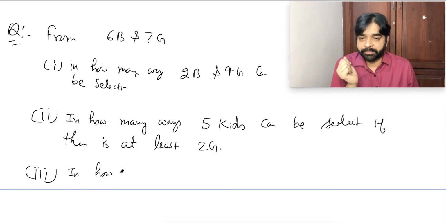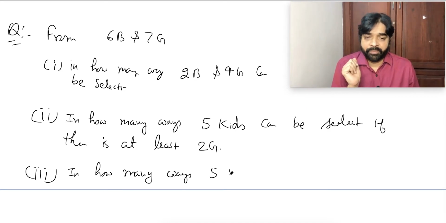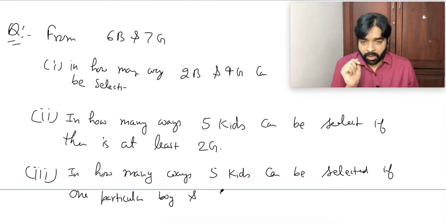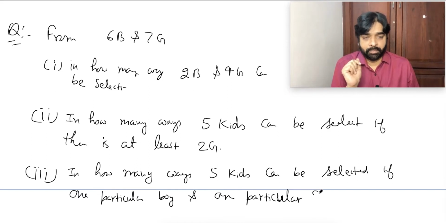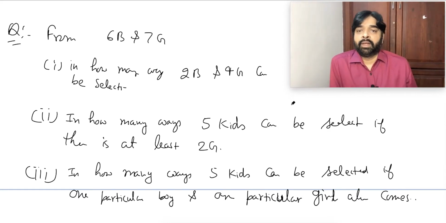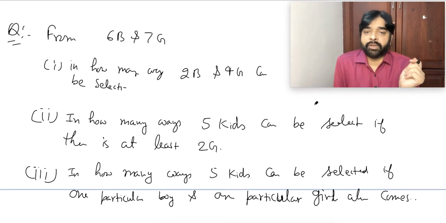In how many ways can 5 kids be selected if one particular boy and one particular girl always come? Have all of you written the question? Try to get the answer quickly, everybody.